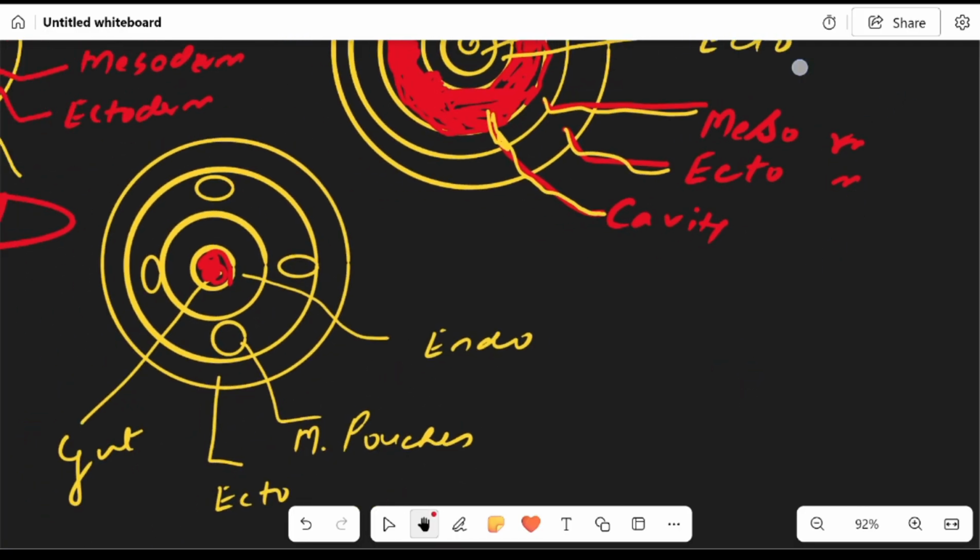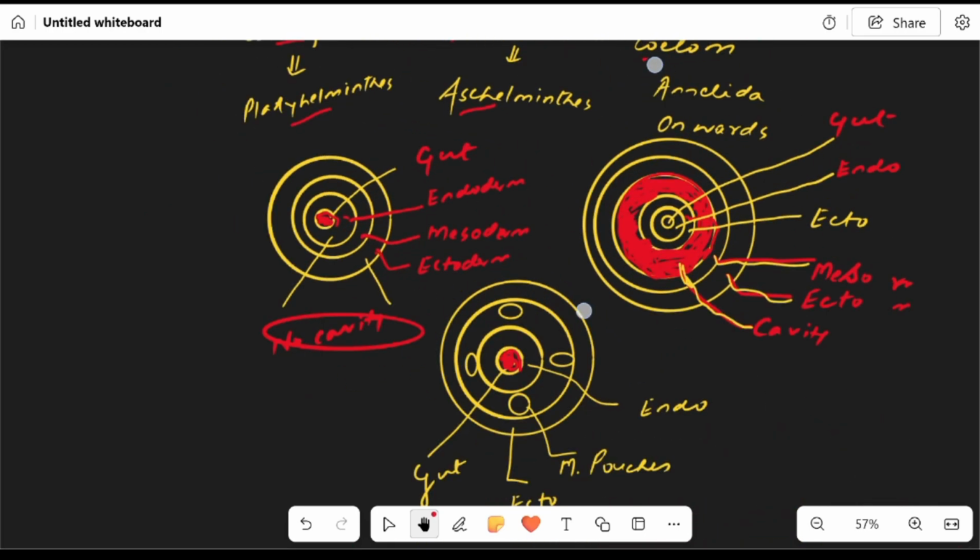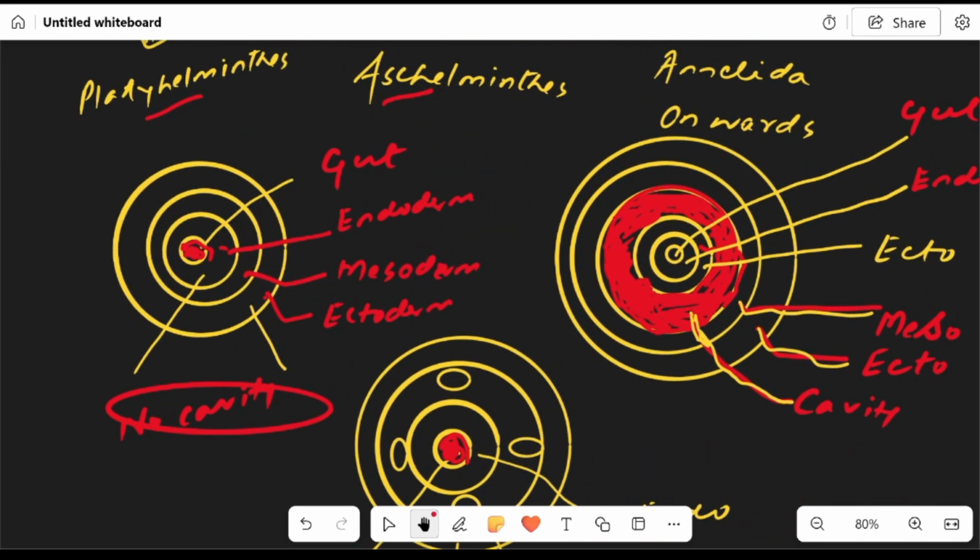Now let us look at the picture of the true coelom. Here we have the gut. Outside the gut it's endoderm. Here is the outer layer, ectoderm. Here we have mesoderm, and here too we have mesoderm, and in between we have the cavity depicted in red color.